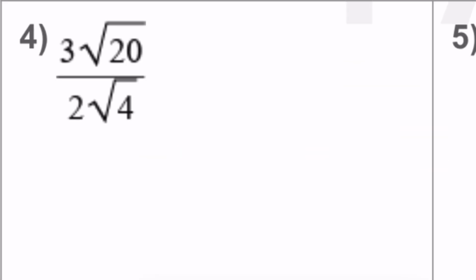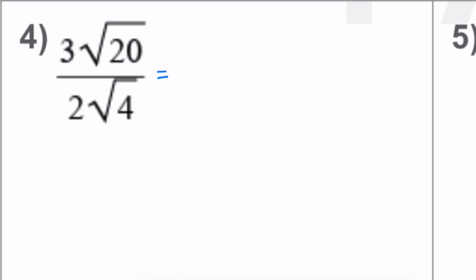For question 4, you have 3 times the square root of 20 over 2 times the square root of 4. So here, I know the square root of 4 is a perfect square. 20 has a perfect square factor, which is 4.